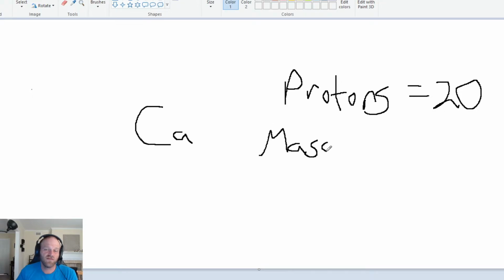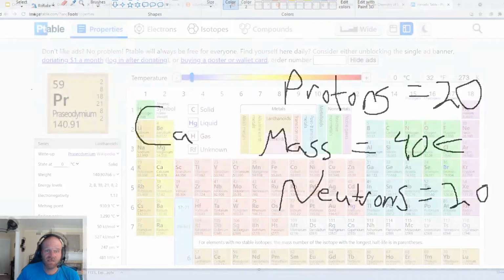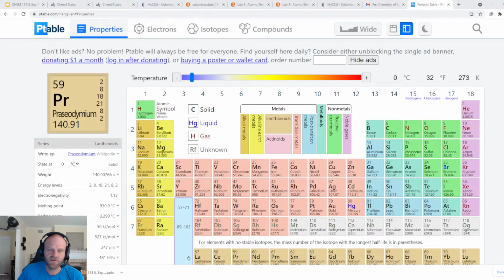We'll just round it off to 40. So if I want to know the number of neutrons, I can just subtract those two, because all of my weight comes from neutrons and protons, and each one weighs 1 AMU. So neutrons are 20. 20 plus 20 is 40, my atomic mass. So that's easy enough. I think everybody should be able to get through that.